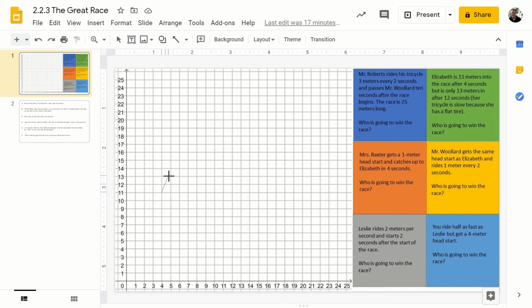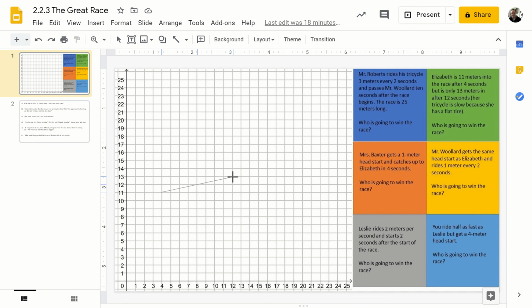So here's 4, and I need to go all the way to 12. I'm looking at this from across the room, and it's hard for me to see it, but I think that's the 12. And I'm at 13 meters at 12. So again, if I release this, I'm at 14, aren't I?